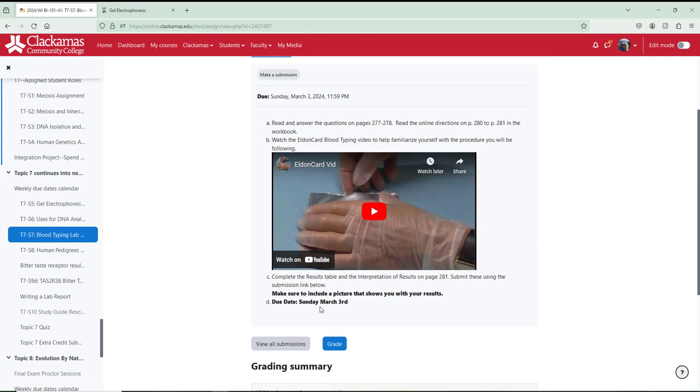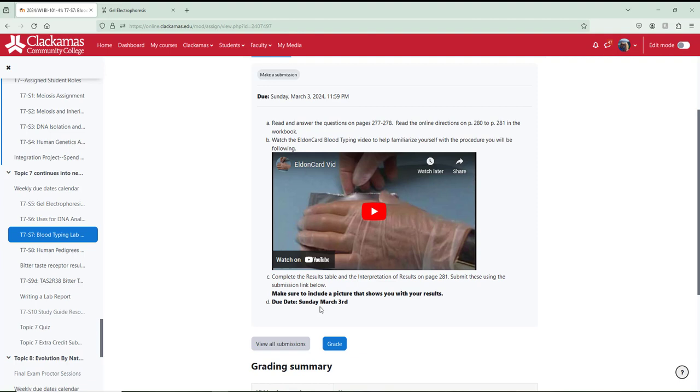So if you have clumping, that means that you are positive for that blood type, okay? So if you have clumping under anti-A, that means that you have the A blood type. If you have clumping under the B, that means you also have the B blood type. If you have clumping under the D, that means that you're Rh positive. If you don't have any clumping, that means that you're type O.